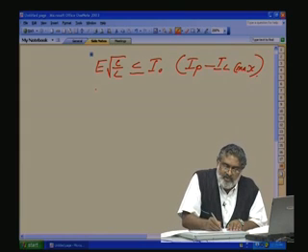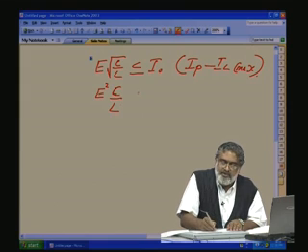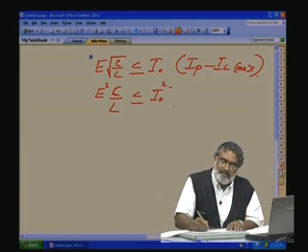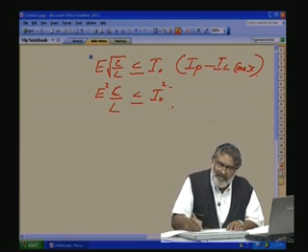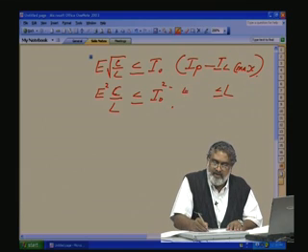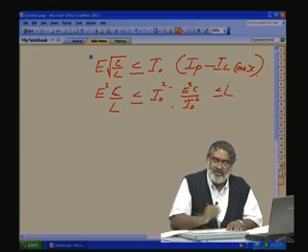This is equal to E into E square into C by L, which should be less than or equal to I0 square. That means L should be less than or equal to E square C by I0 square.